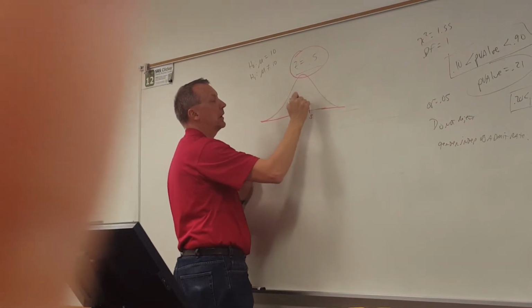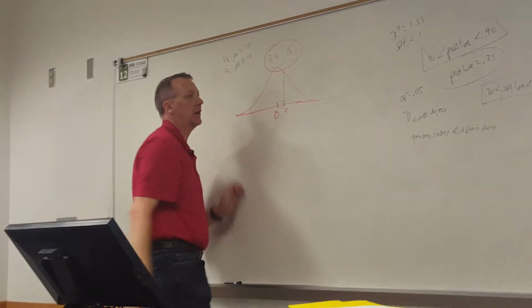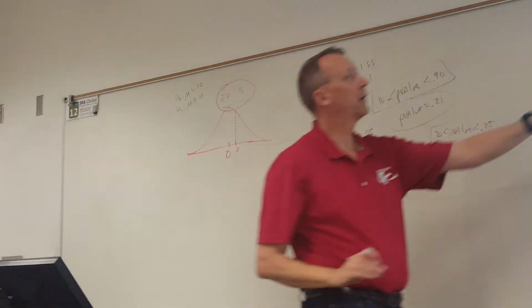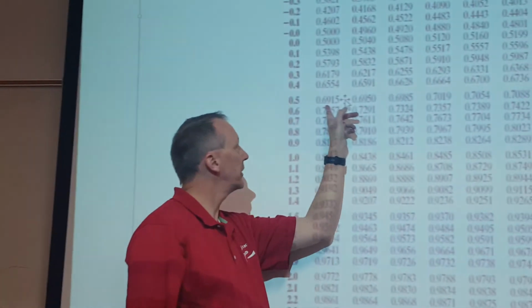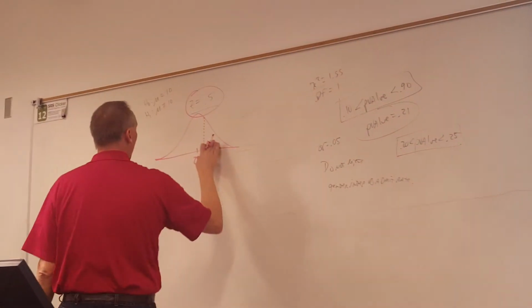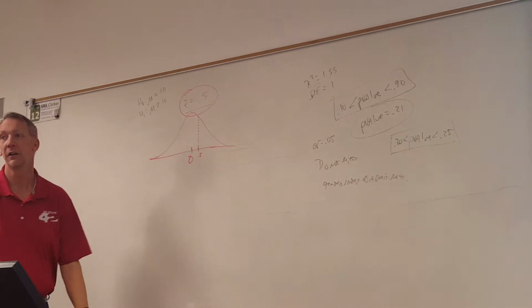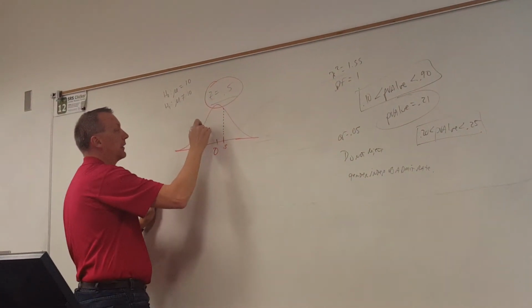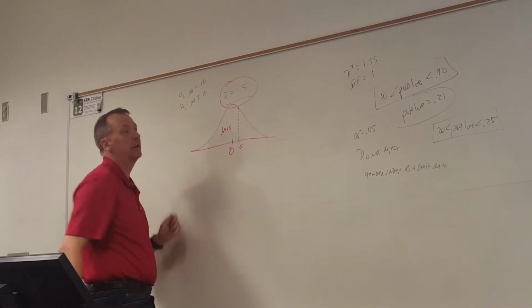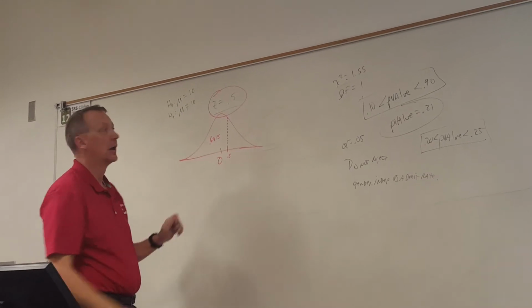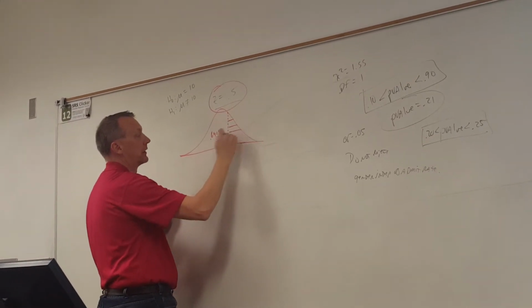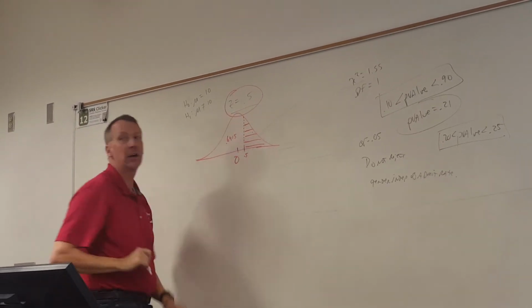Okay, I'm going to draw a line here. Now, when I look at 0.5 here, it gives me the value of 0.6915. So is that the area on the right or on the left? This is the area on the left. What area do I want? I want the area on the right. So what is the area on the right?